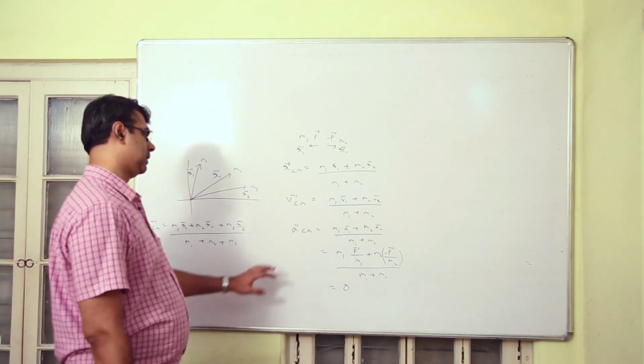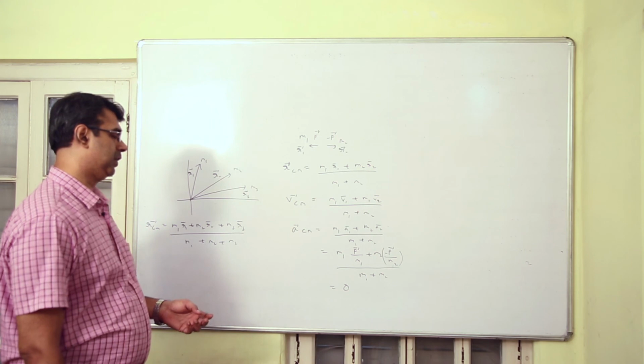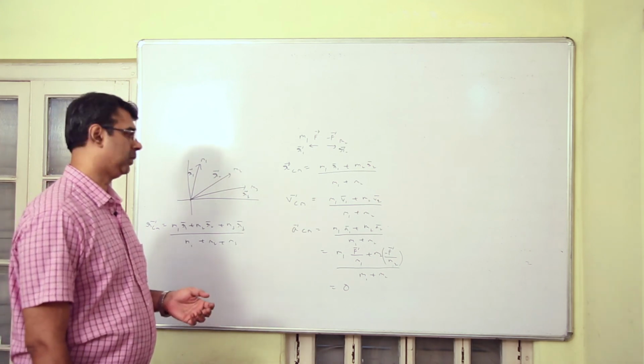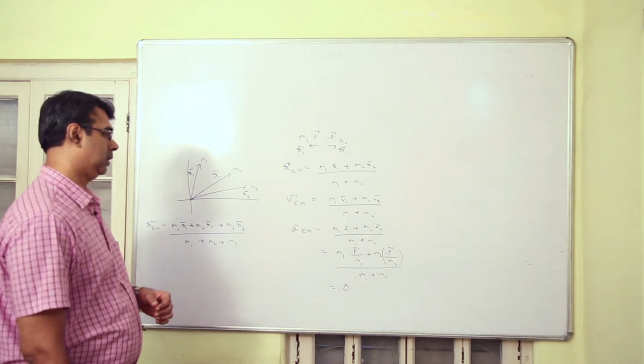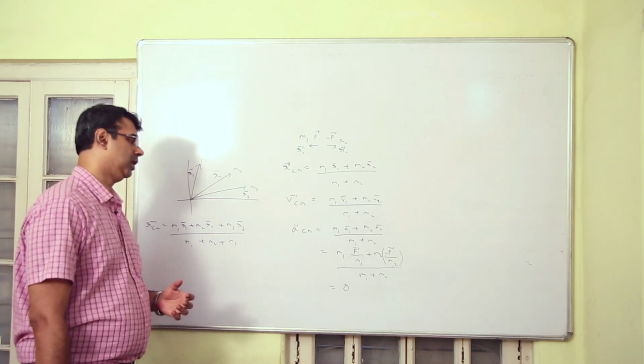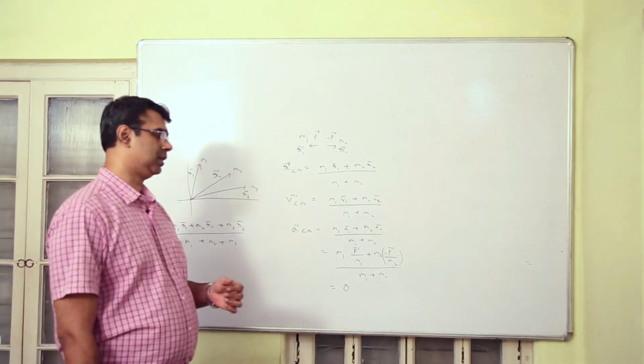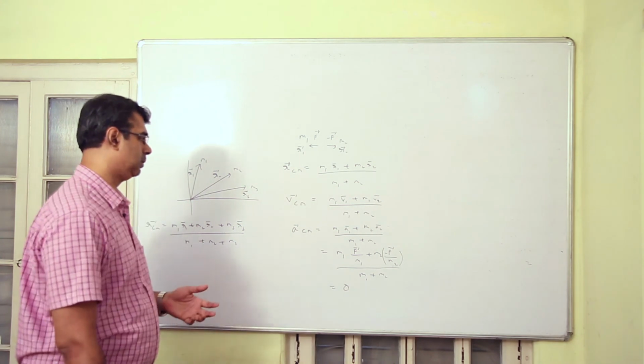Now this is actually a manifestation of Newton's first law. Newton's first law says that if there is no external force, then the body will continue with its state of rest or uniform motion as before.